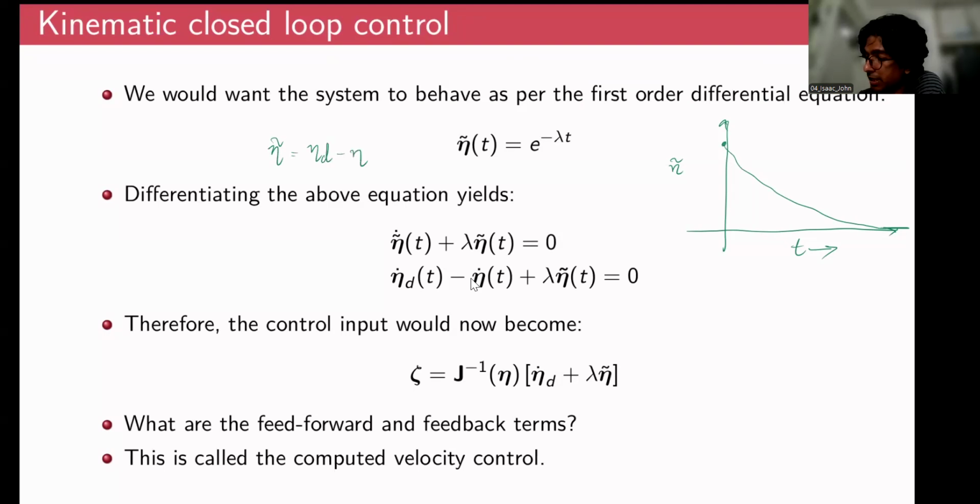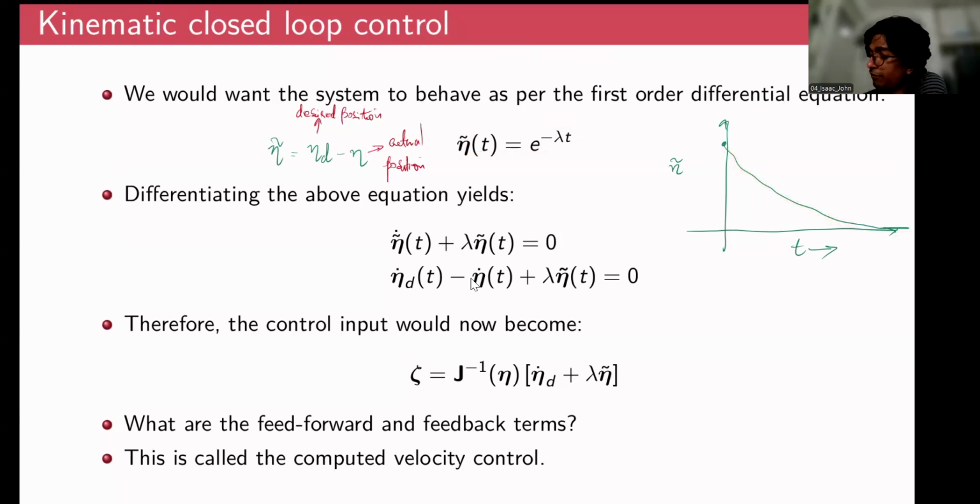I'll label eta desired as the desired position, and eta is the actual position. So this defines eta tilde. And we want our robot to follow this first order differential equation so that as time tends to infinity, eta tilde tends to 0.